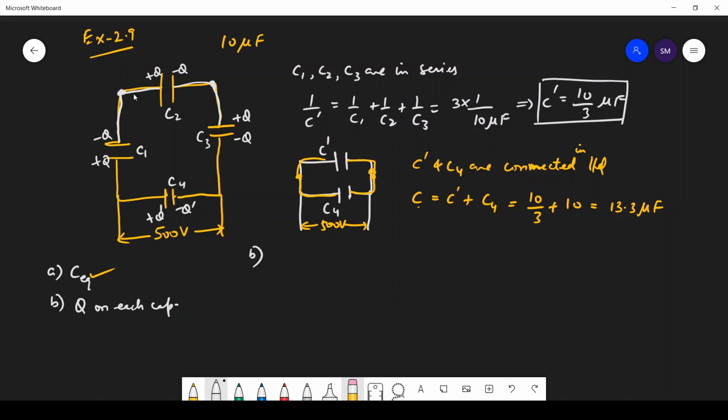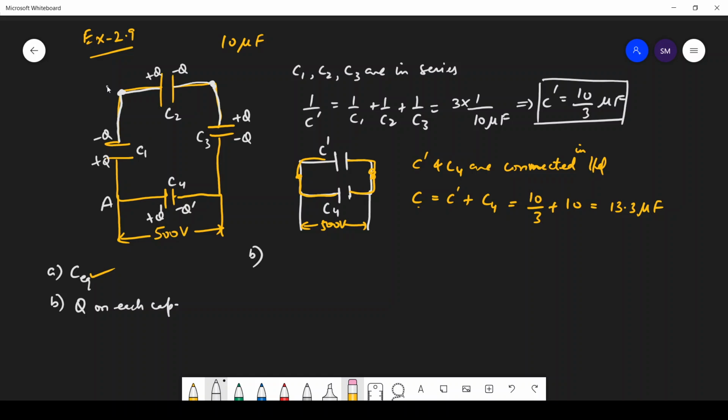Here in series, charge is the same, voltage is divided. So these three are in series, so they have the same charge Q, and for C4 I have already written the charge Q dash.